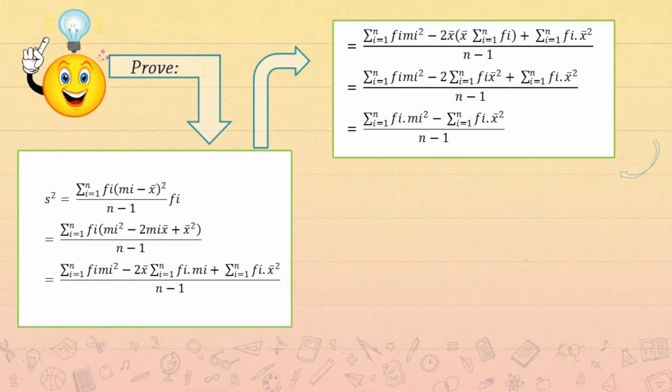Steps 4 through 6: substitute sigma frequency multiplied by median with the mean multiplied by sigma frequency, and simplify. So we can write it as sigma frequency multiplied by squared median minus sigma frequency multiplied by squared mean, divided by the sample size minus 1.